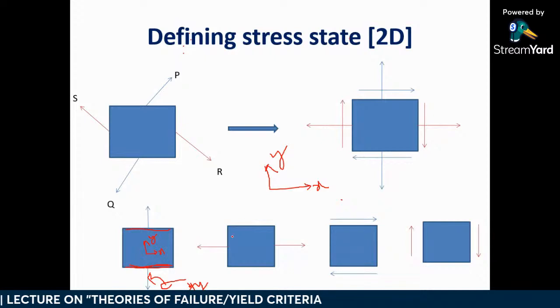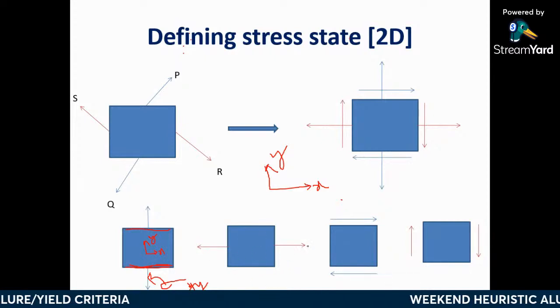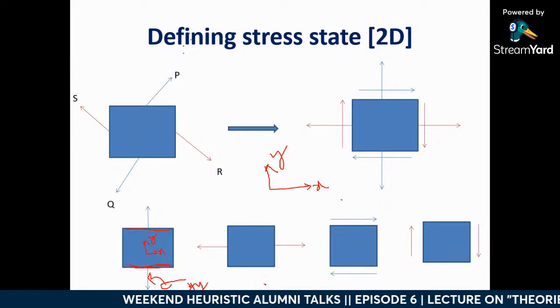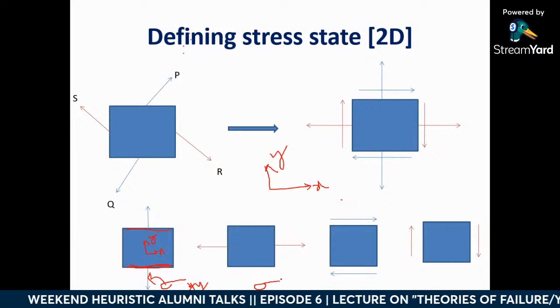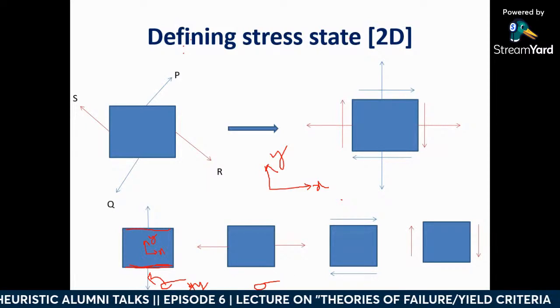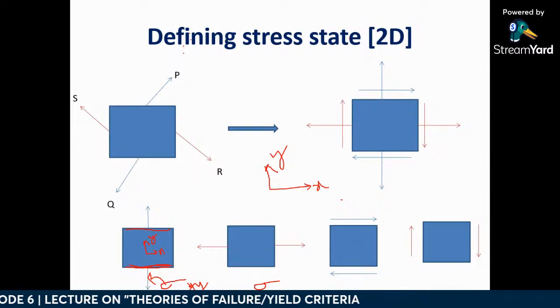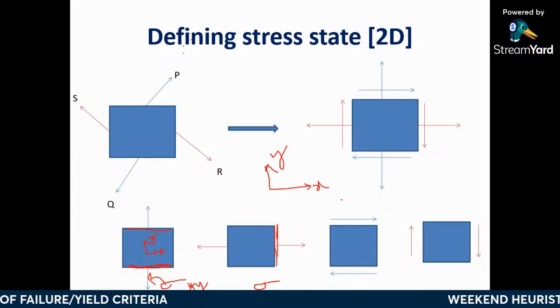Similarly, what about this? What kind of stress is it? Is it perpendicular or parallel to the surface? Again, it is normal stress, so obviously it will be represented by sigma. The first subscript talks about the plane, whether it is the X plane or the Y plane, to whom it is perpendicular.